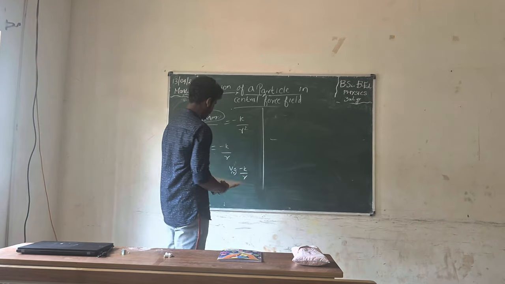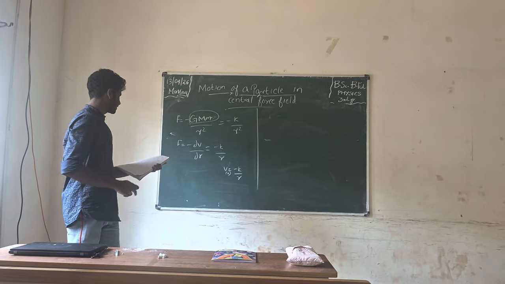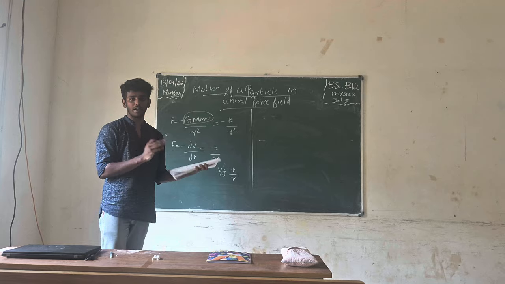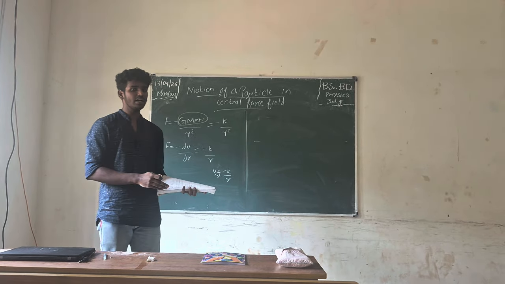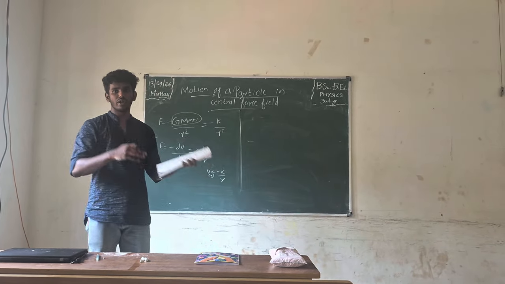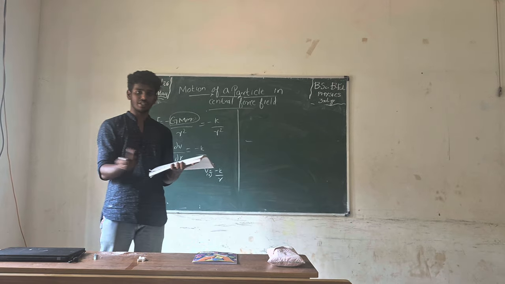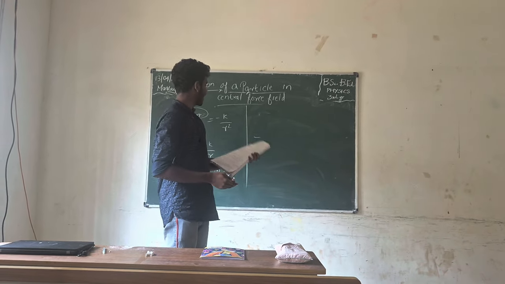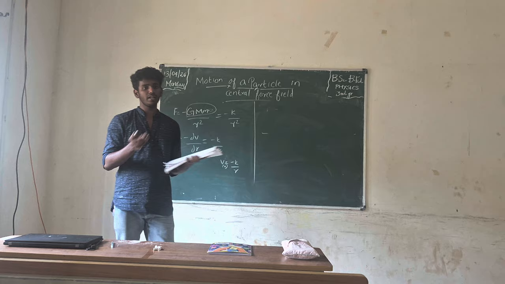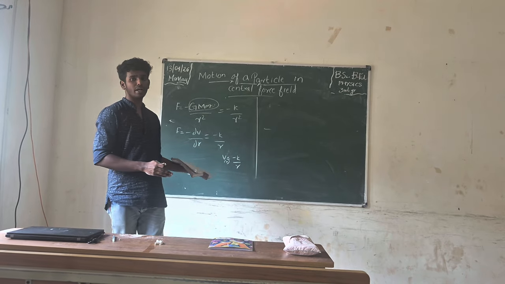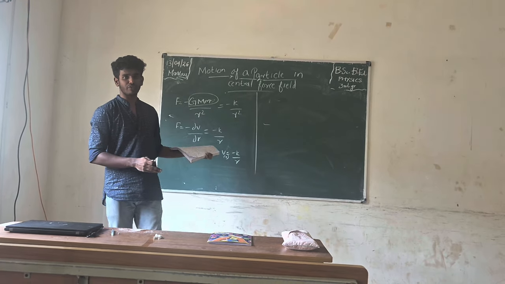Now we consider a particle of mass m moving in a central force field. We already know a central force is conservative, and we are going to find the Lagrangian of that particle.